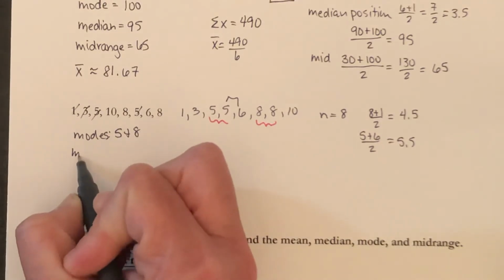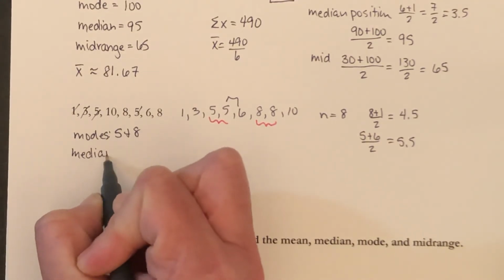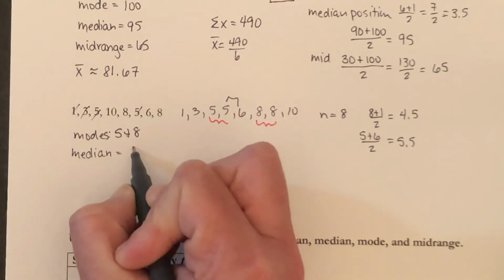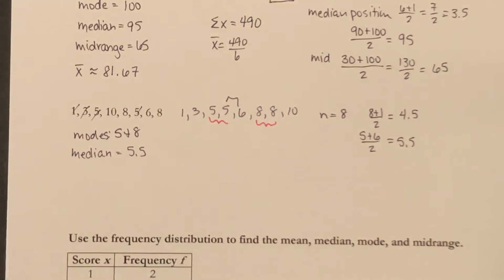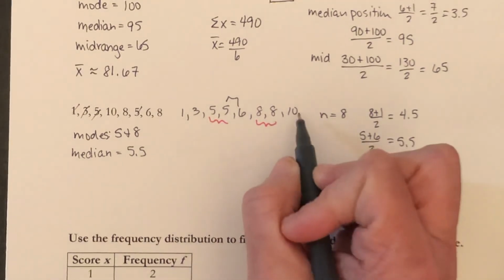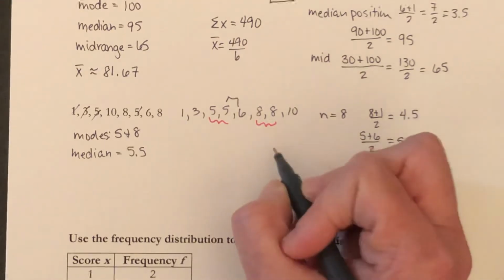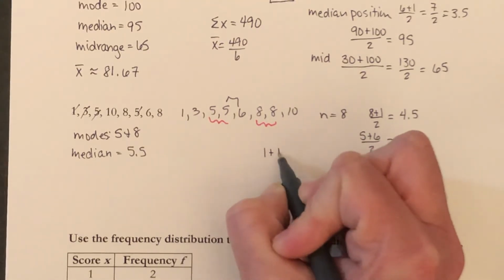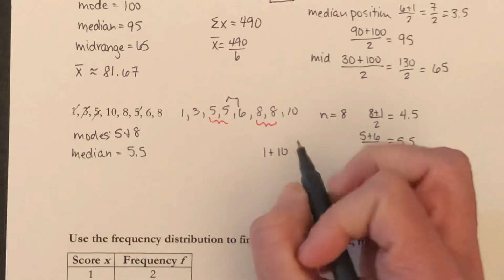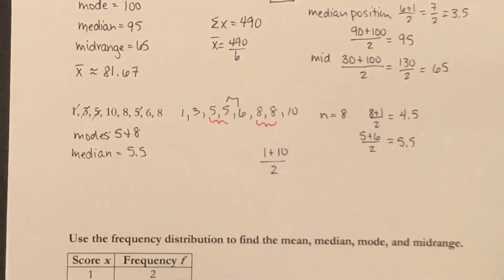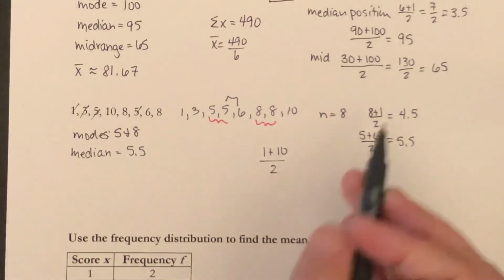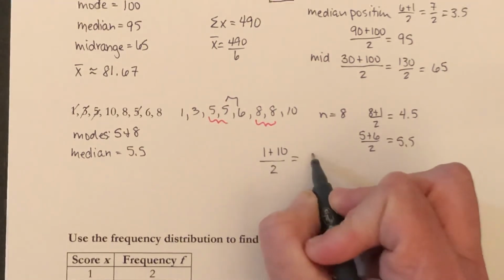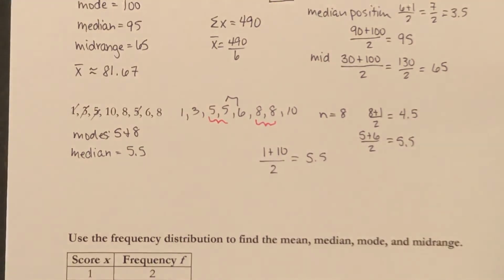So the median is 5.5. And the mid-range, I would do 1 plus 10 and divide by 2, which is also 11 over 2, which is 5.5.